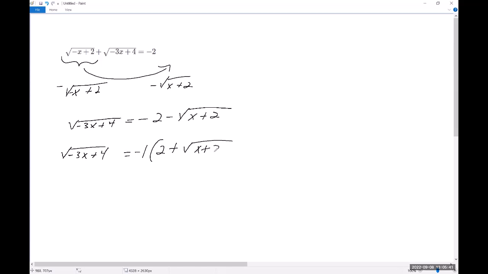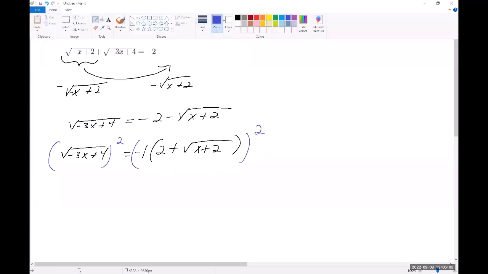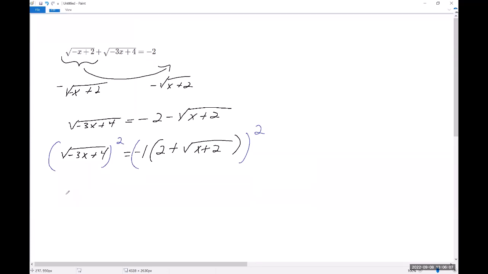But what's going to happen, I mean, I didn't have to take it out, but the same thing happens. If I square this, squaring this negative is going to very likely throw things off. So in the end, I think we may have an extraneous solution.